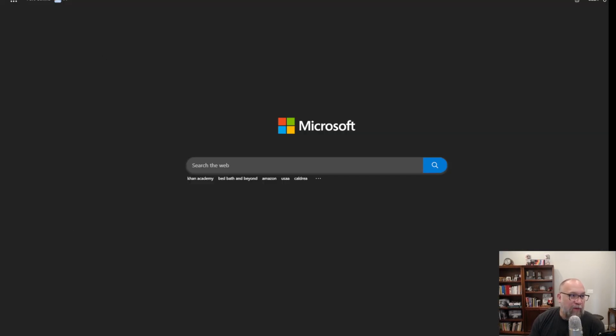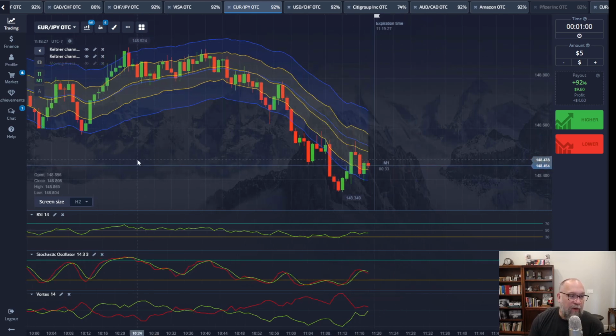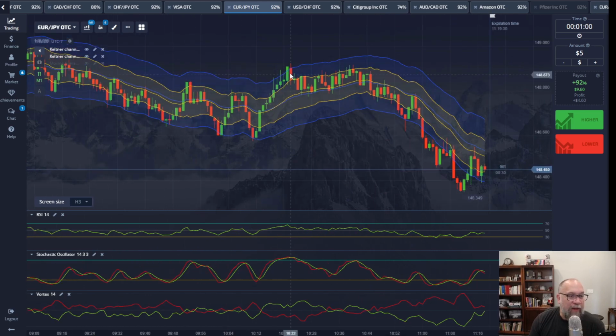So if we come back over here, turn this other Keltner channel on, just watching for this RSI and the stochastic oscillator to be below the 20 and above the 80, or below the 30 or above the 70, and having that be outside that blue. So as an example, right here, the lines are above, we're almost to the 70, we're above that blue, we close, so we would short that for 2 minutes, and it would end here. We would definitely win that trade.